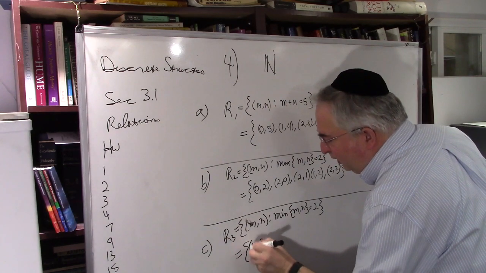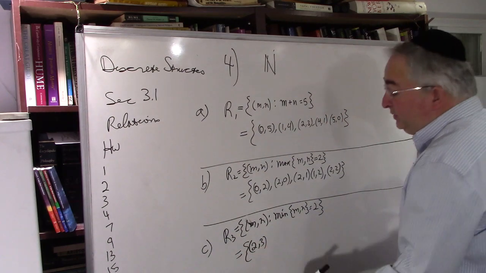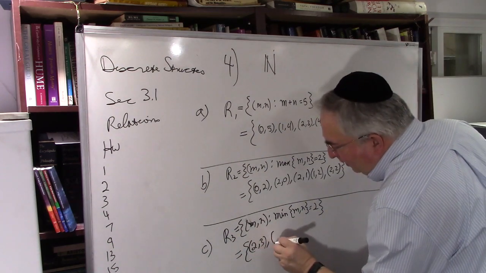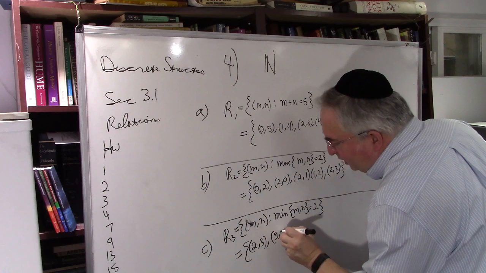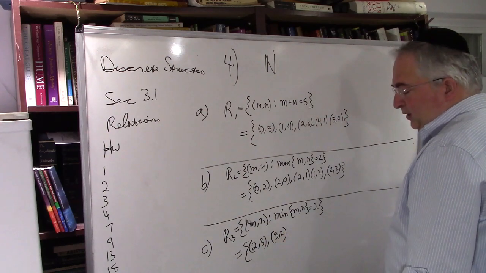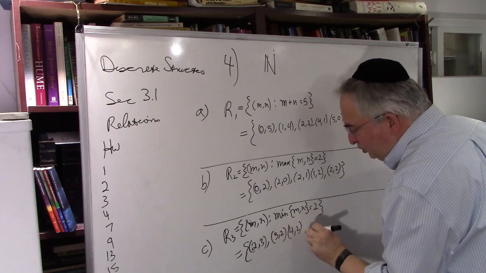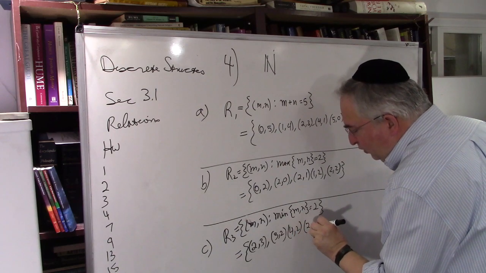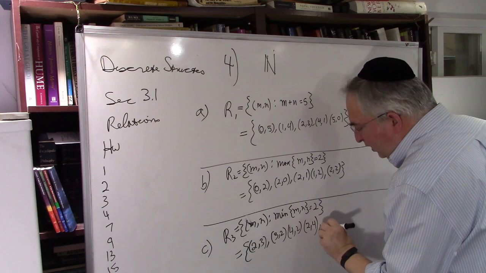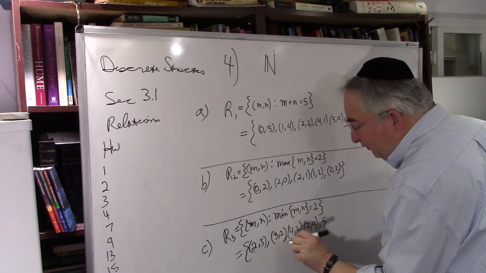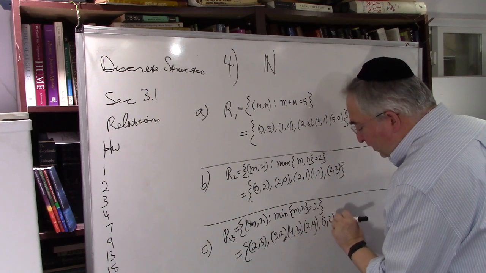2, comma 3. The minimum of 2 and 3 is 2. The minimum of 3 and 2 is 2. The minimum of 4 and 2 is 2. The minimum of 2 and 4 is 2. The minimum of 5 and 2 is 2.